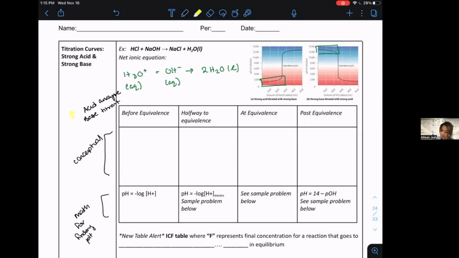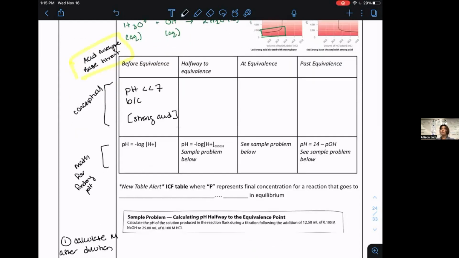Before equivalence, we know that pH is way less than 7. It's super acidic because of the high concentration of strong acid. So you can just use pH equals negative log of the H+ concentration to find the pH value, which means you can also find the concentration of the acid.